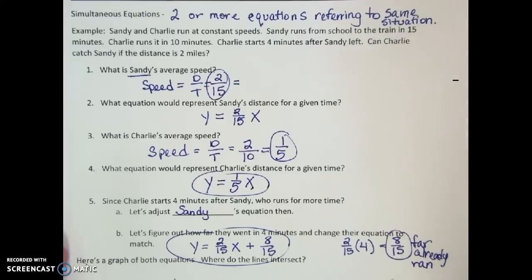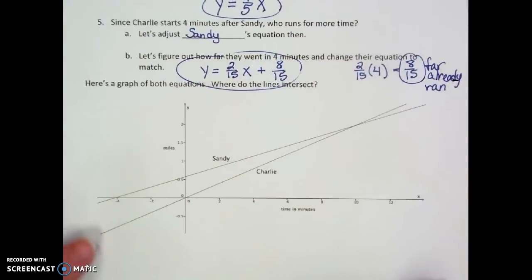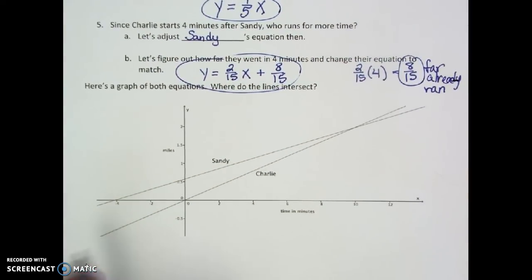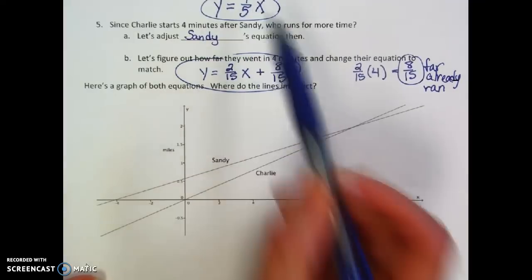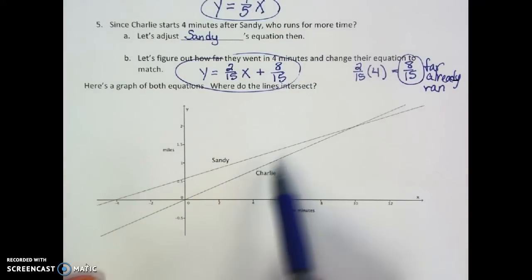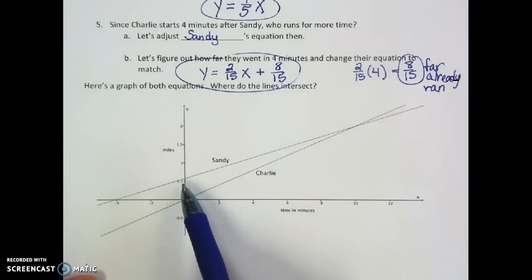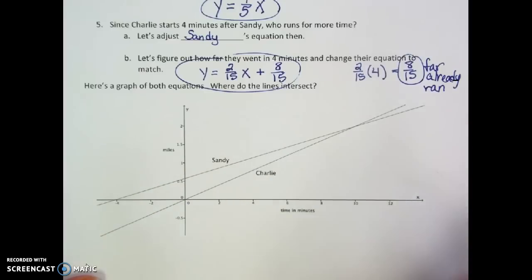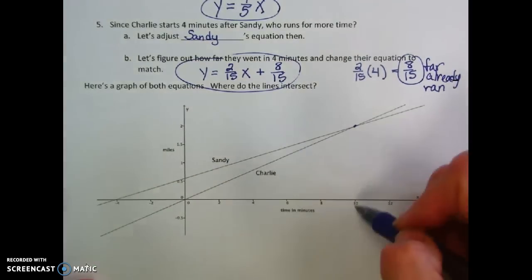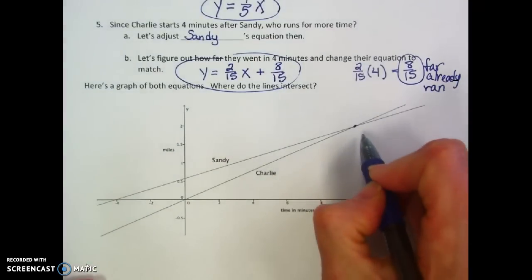All right, so let's graph this and see where the lines intersect. I have both lines already graphed here for us. Charlie's line, y-intercept is 0, slope is 1/5. Sandy's line, y-intercept is 8/15, slope is 2/15. We're trying to find this point where the two lines intersect. And it appears to be at approximately 10, 2, or very close.